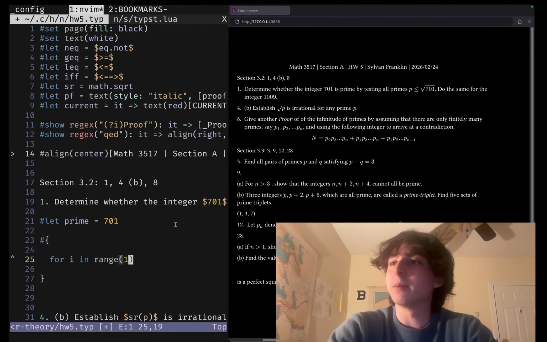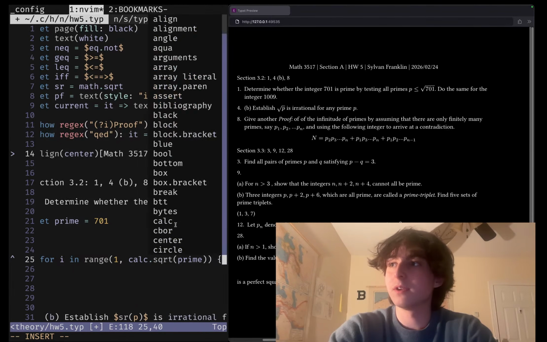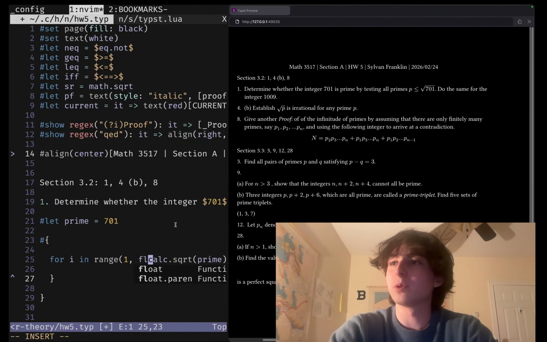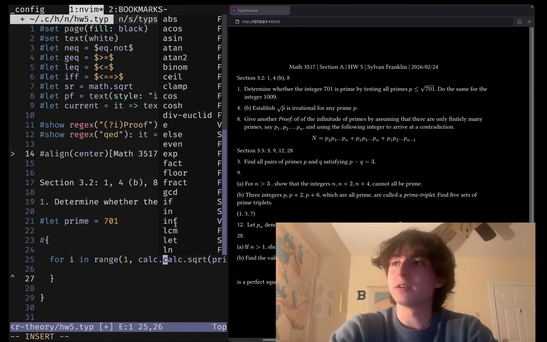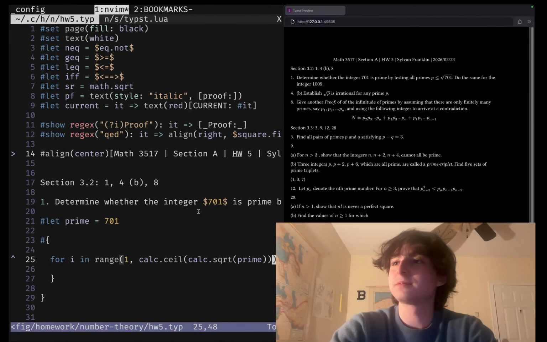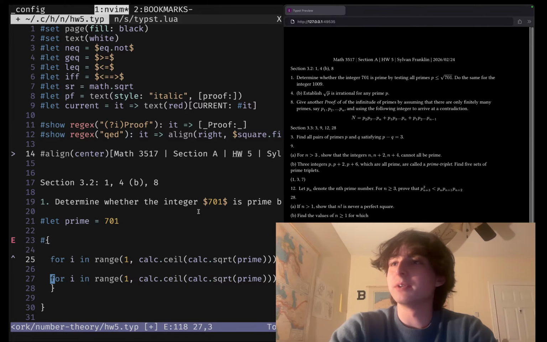We actually only have to go up to the square root, which is calc.sqrt(prime), and then, oh, is it expected integer, found float? Oh, we have to round this. Floor it or ceiling it? Probably ceiling to be safe, calc.ceil. I'm gonna make this a little smaller. Okay, and then we have another loop, this time j up to i.